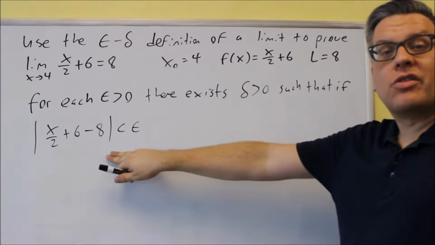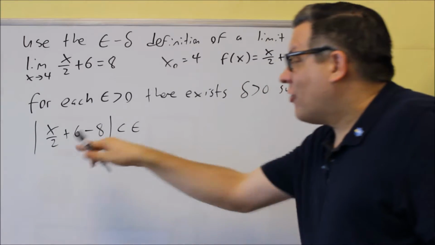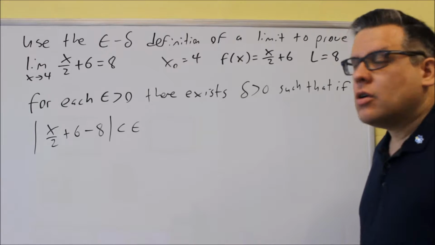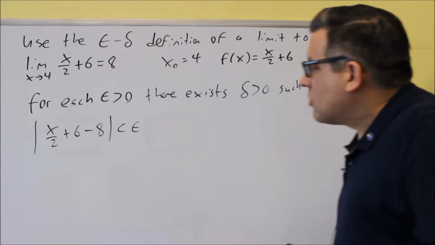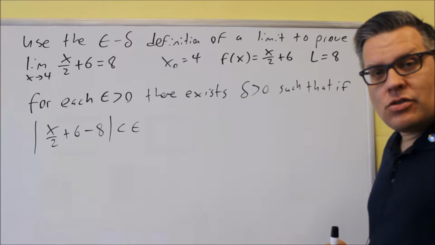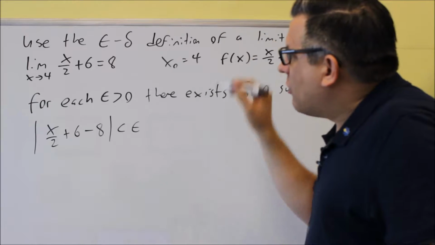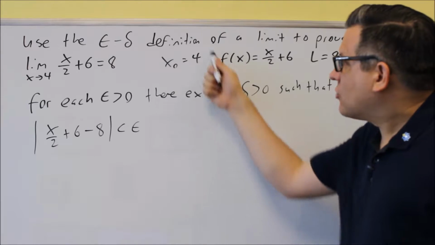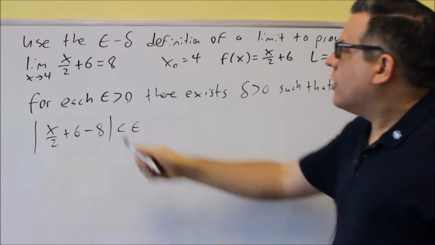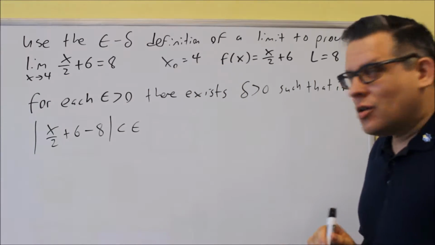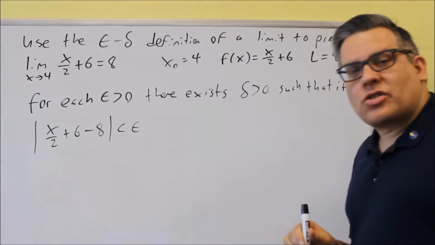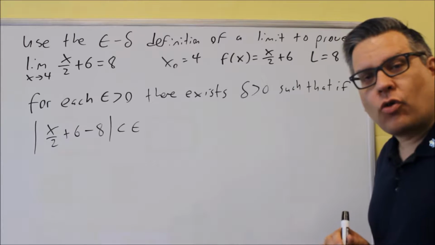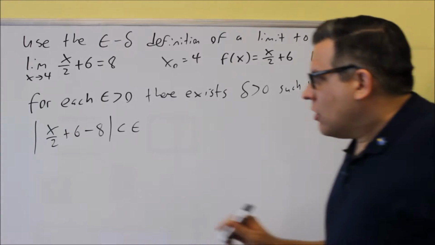Remember, you're always starting with this statement, the absolute value of f(x) minus L less than epsilon, and then we're going to walk through it the other way. What you want to do is look for an absolute value of x minus 4, because 4 is the number x is going to this time. So we need to manipulate this to where we get an absolute value of x minus 4, because that's what we're going to use for the rest of the proof.